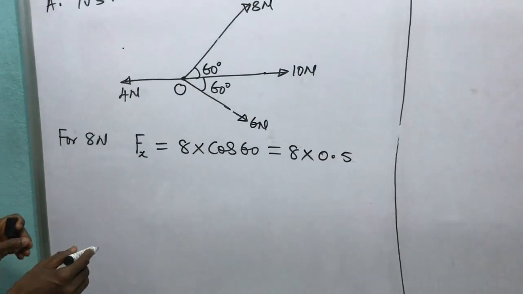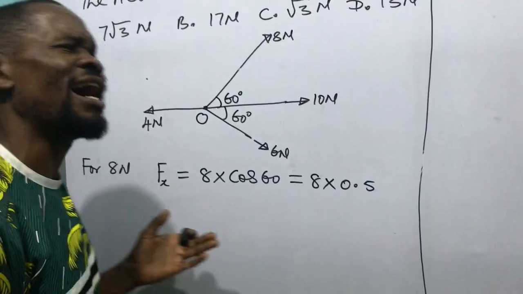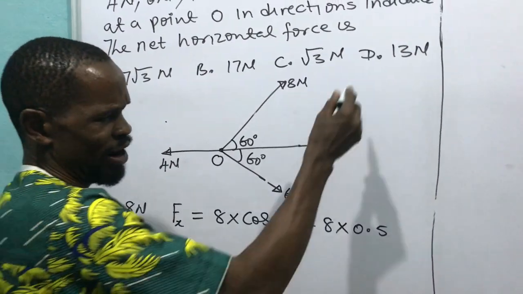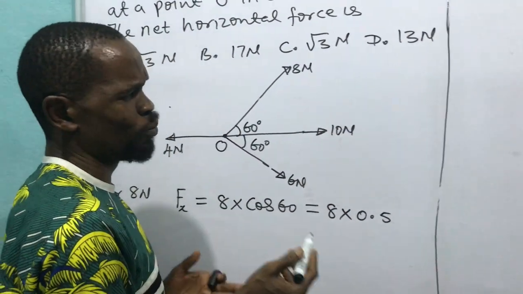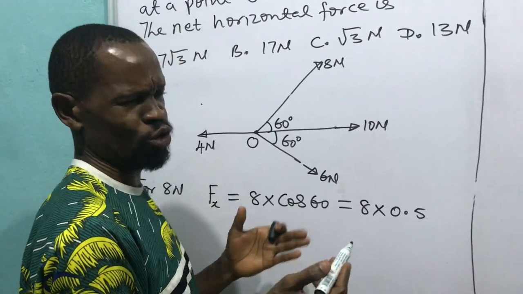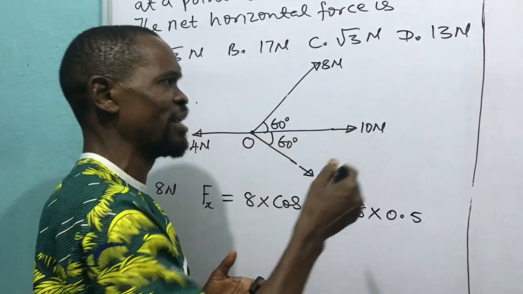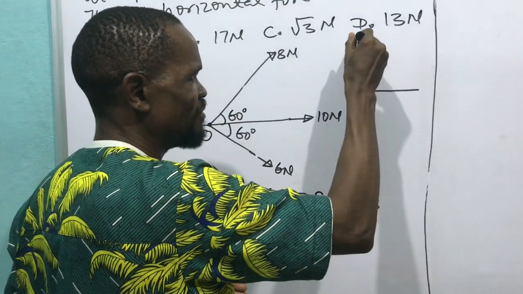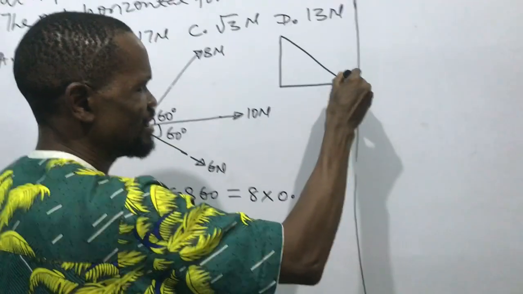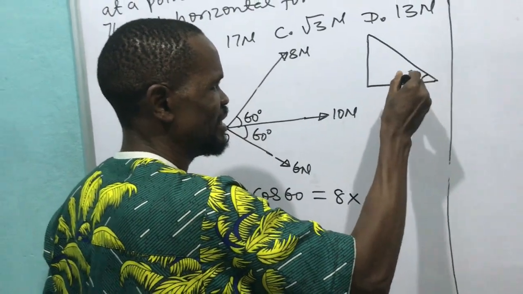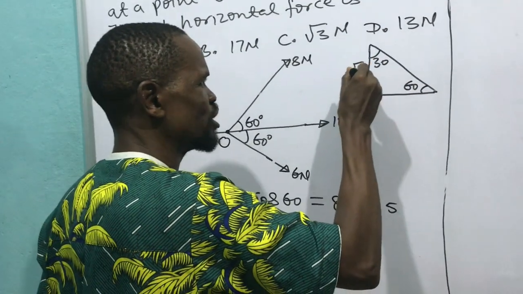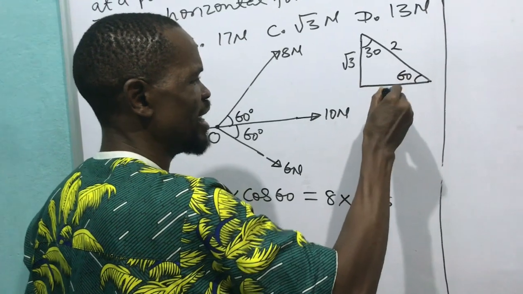How do we get half? Somebody will ask me, how did I know that cos 60 is 0.5? Well, this is what you're supposed to put in your brain and recall anytime. You know that this angle here is 60, and here is 30, and here is root 3, here is 2, and here is 1.